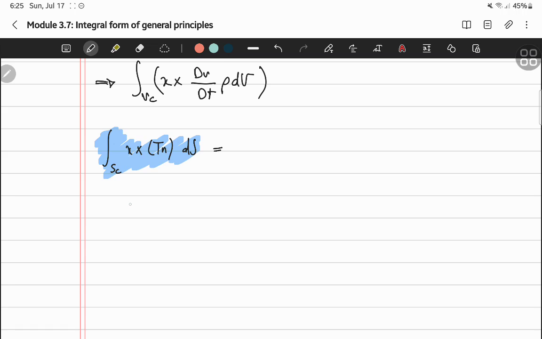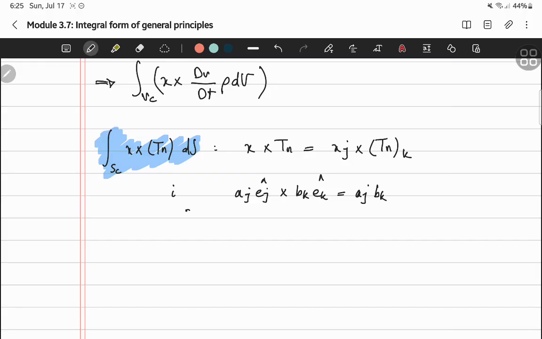So I can write x cross tn. If I write this in indicial notation, I will have, for example, xj cross tnk. So if you have a_j e_j cross, let's say, b_k e_k, then you had a_j b_k, then you had j, k.